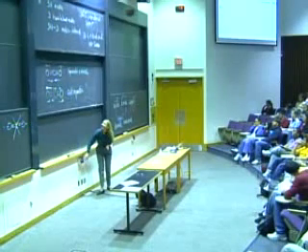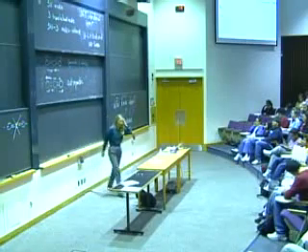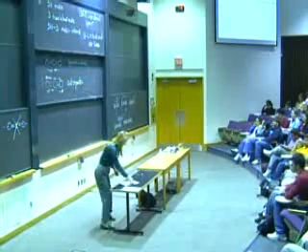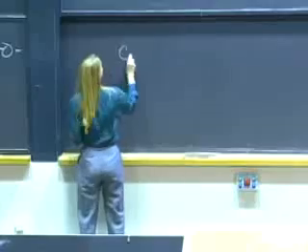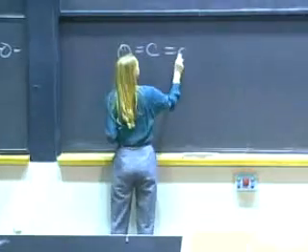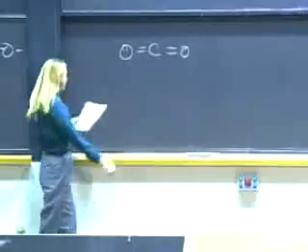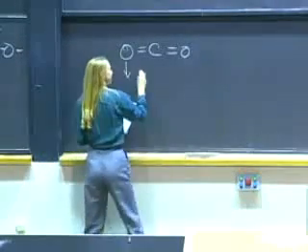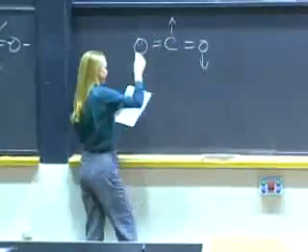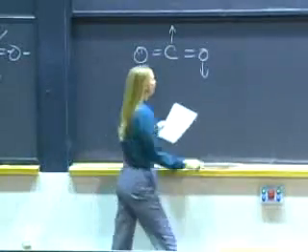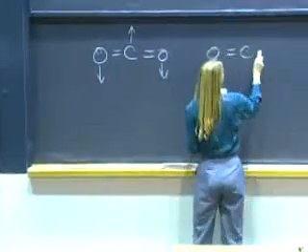Complicated board here. What are the other modes? Well, the other modes are a bending mode. What can happen is that this oxygen and this oxygen can move in, and this carbon will kind of move out, or, of course, the other way.